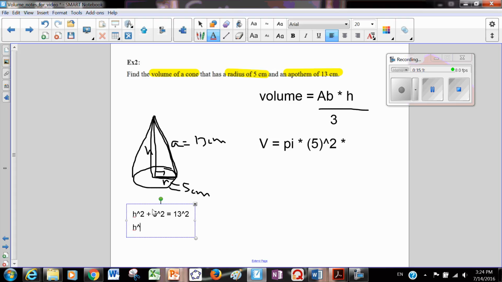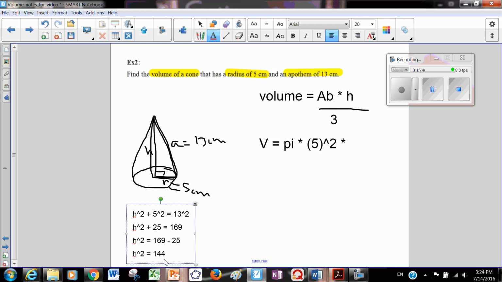Well, h squared we don't know. Plus 5 squared, that's 25, and that equals to 13 squared, 169. Now we need to get rid of the 25, so we need to do minus 25 on each side. So we're going to get h squared is equal to 144.